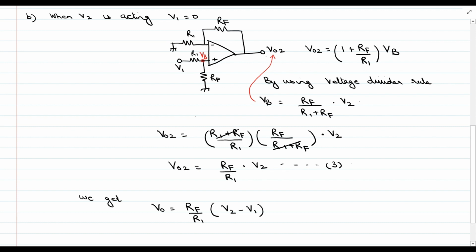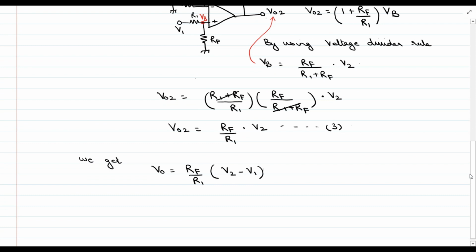So it is behaving as a subtractor circuit with an amplification factor of RF by R1. So K, the amplification factor K is equal to RF by R1. In this way, op-amp behaves as a subtractor circuit.